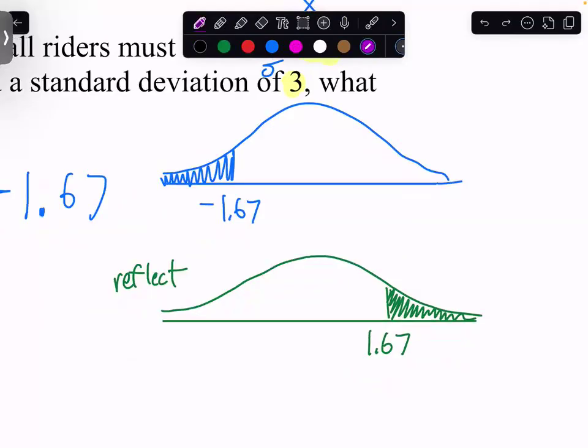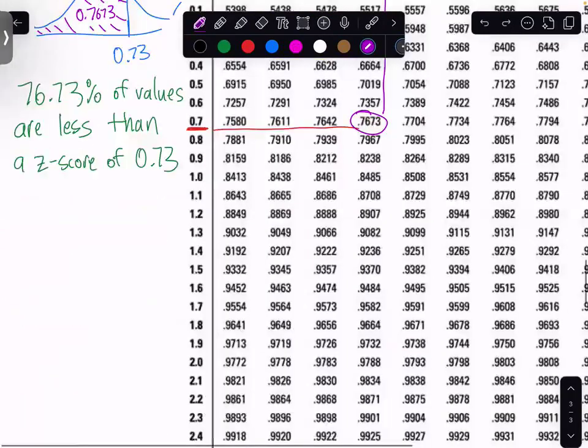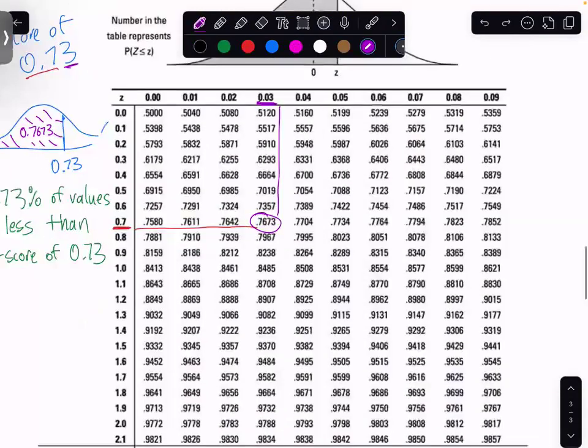Okay, so the reason we do that is we can look up positive 1.67. So back on our table, the ones and the tenths digit are 1.6. And then the hundredths digit was 7.